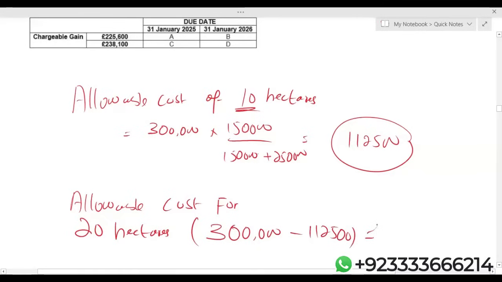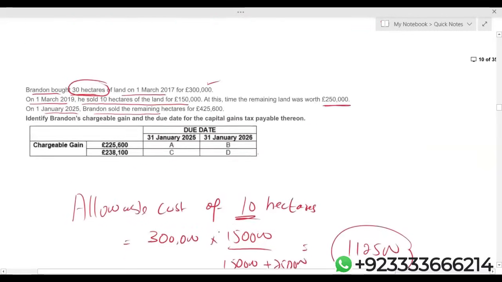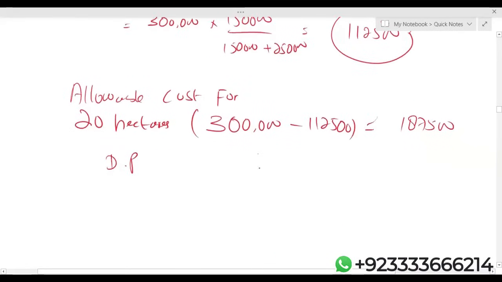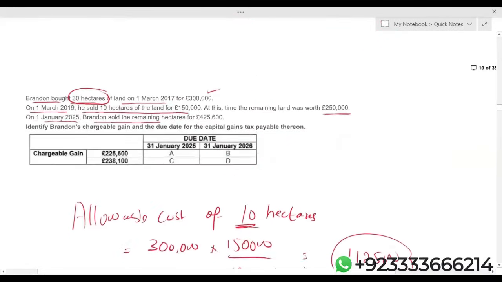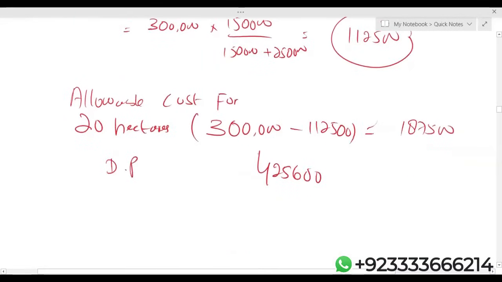Let's see. Students, I'm getting 1,87,500. Disposal proceed of remaining land is 4,25,600. So allowable cost.